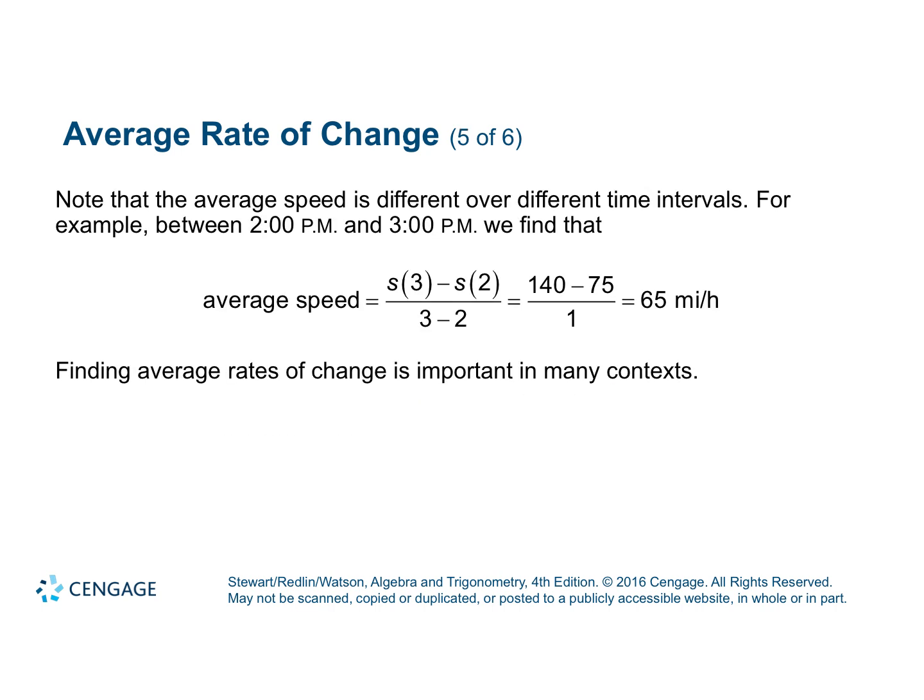So the average speed is different for different time intervals. For example, between 2 and 3 p.m., we find the average speed. They use the points 3, 140 and 2, 75, this being your x, this being its respective y. So we end up with 140 minus 75 over 1, which gave us 65.